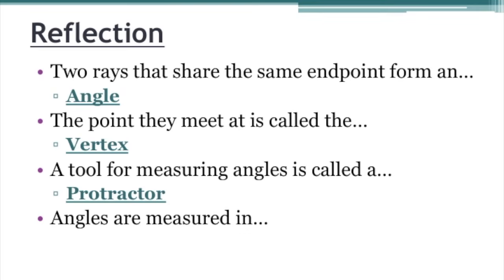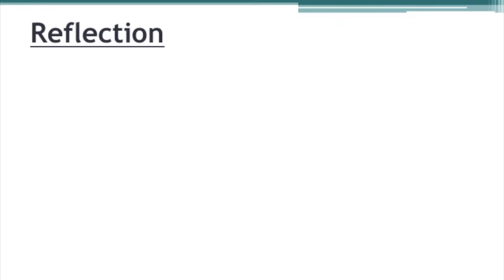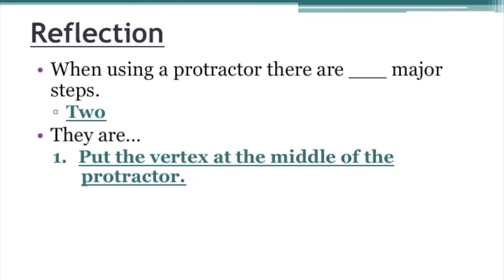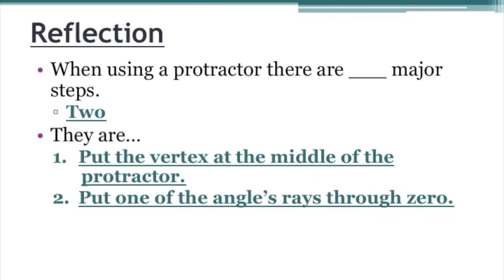Angles are measured in degrees. When using a protractor, there are 2 major steps. They are 1. To put the vertex at the middle of the protractor, and 2. Put one of the angle's rays through 0, and we normally call that the start ray.